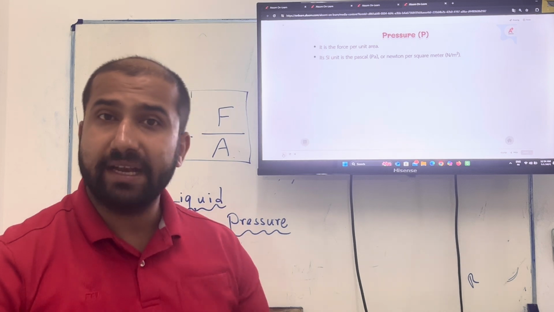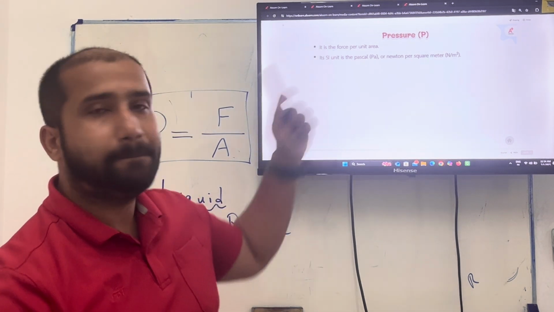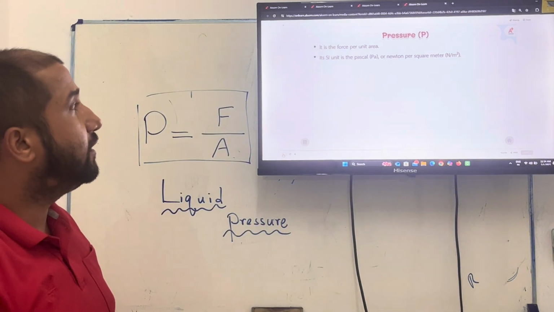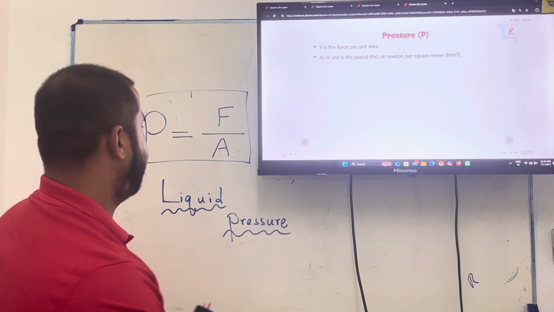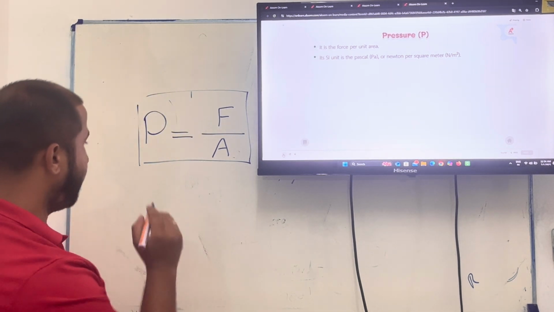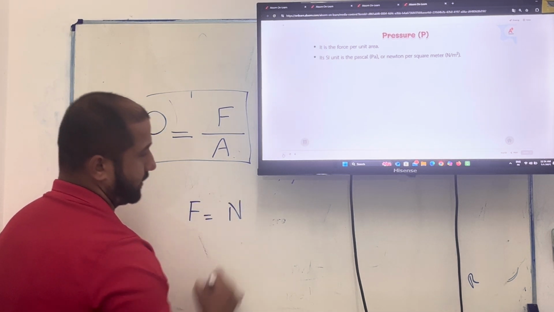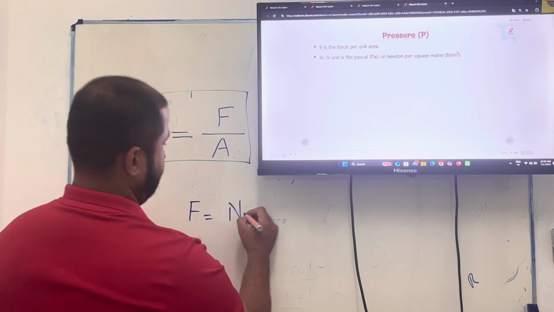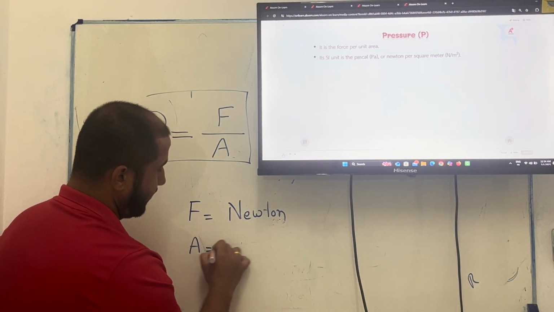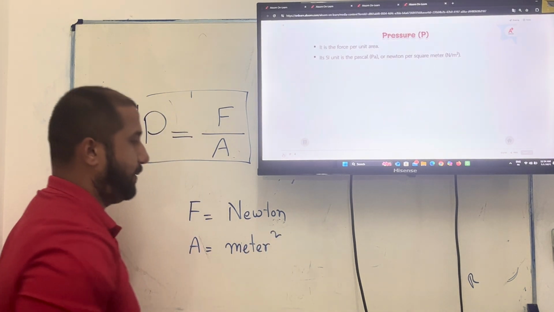Now, what is the unit of pressure? The SI unit of pressure is Pascal, or Newton per meter square, or Newton per square meter. For example, the unit of force is Newton and the unit of area is meter square.